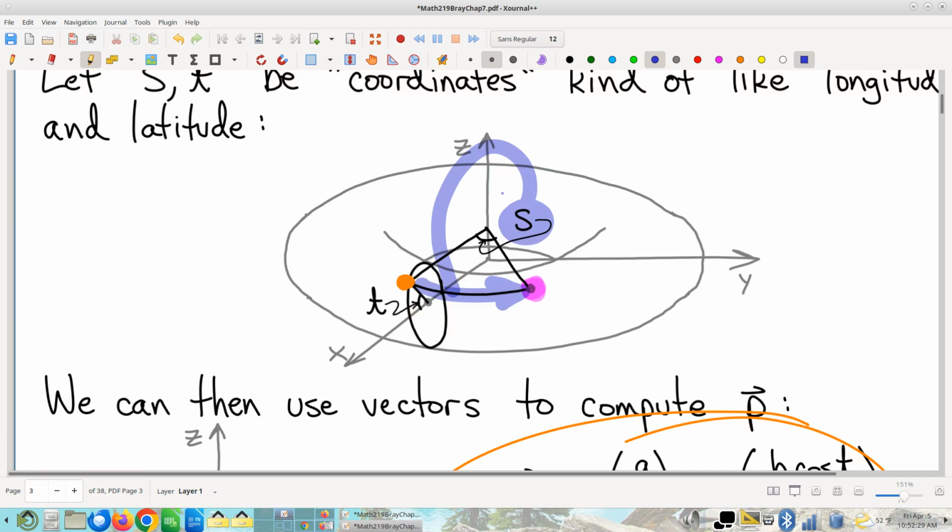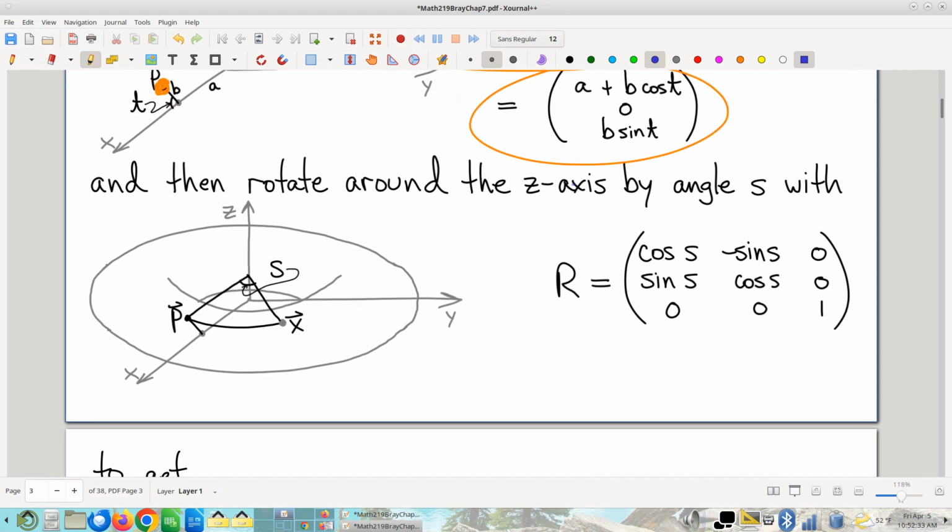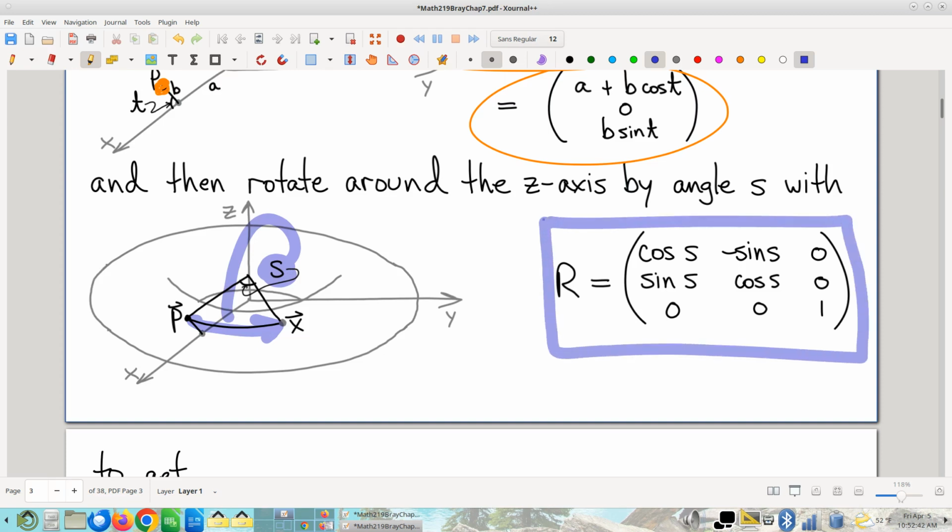That, again, is a classic linear algebra problem. Rotating by an angle S, you get this. Make sure that you're good to go with this kind of thing. Keep in mind the big point is that a rotation is a linear transformation. Linear transformations are matrices.